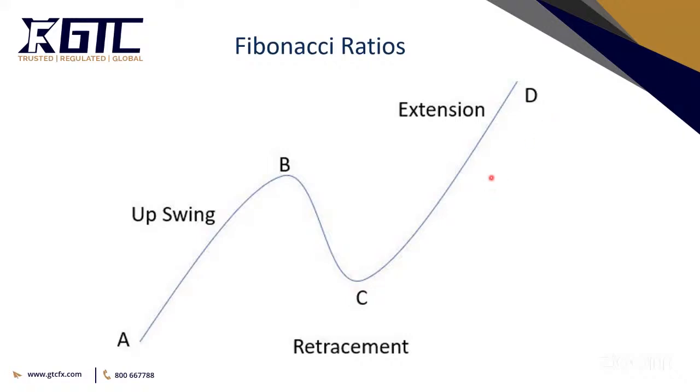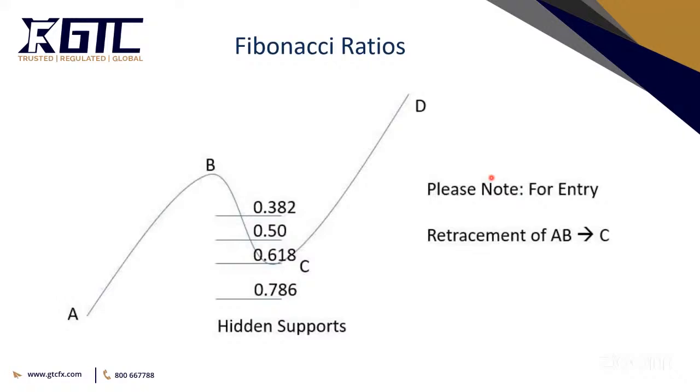And I'm sure this would have come as a surprise. So, how to do that, sir? When you have the AB boundary, please remember these two things. I'm giving you a shortcut to remember. For entry, we need retracements of AB.